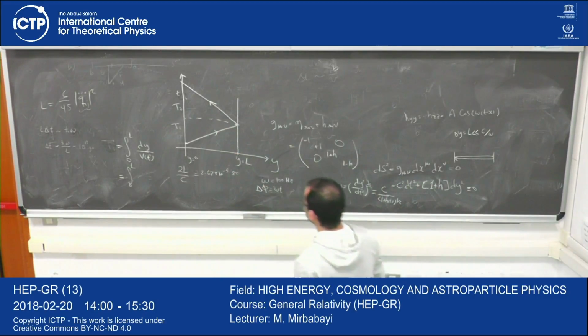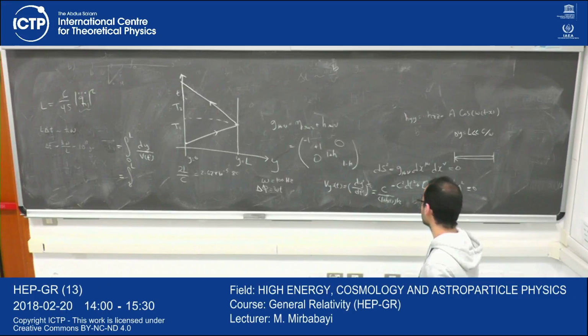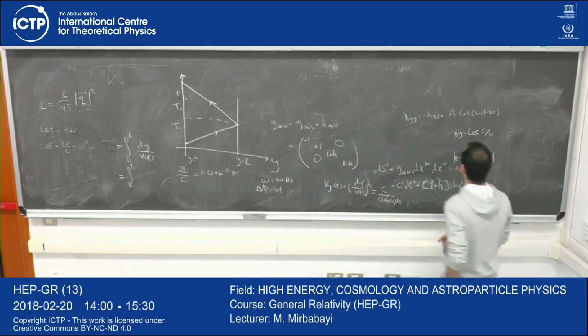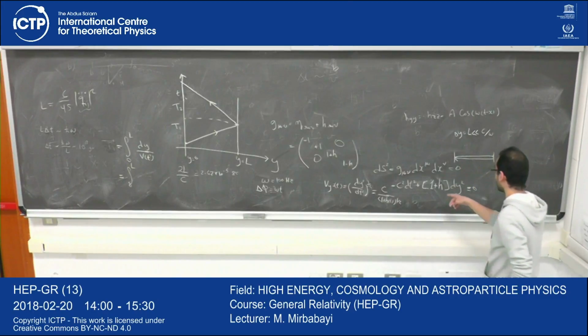Therefore we can assume h to be constant during the trip. I didn't assume it to be constant, and I had a terrible calculation. So all of this is constant.